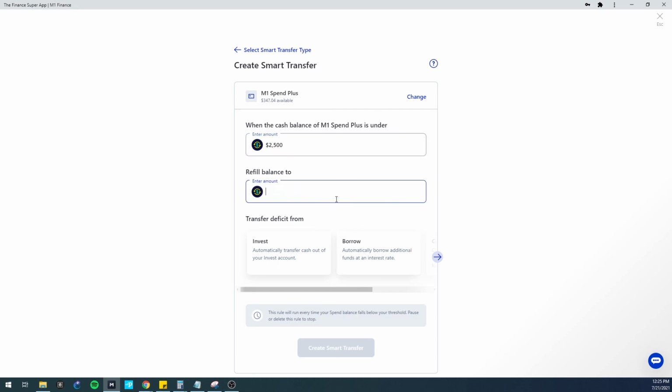we always want to have $2,500 in our spend account. So we can refill our balance to, that's going to be our minimum. Let's say our maximum is going to be refill to $5,000.